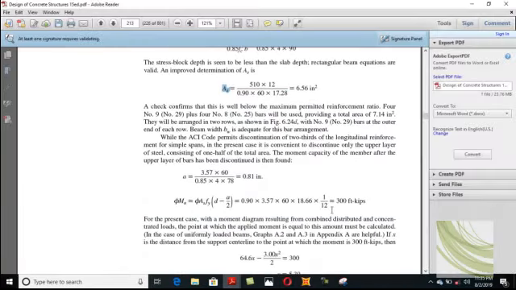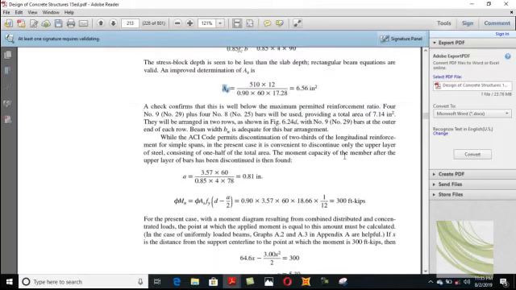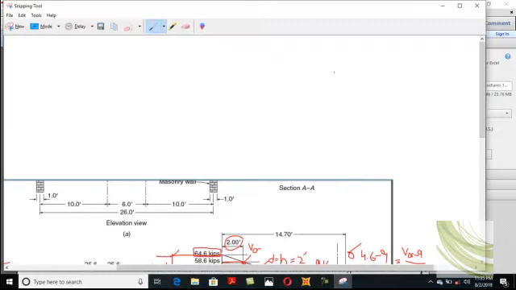How can you mathematically determine this point? You need to write your moment equation. Your moment equation is simple. It is not tricky. Let's say this is your moment diagram, and there is 25.6.